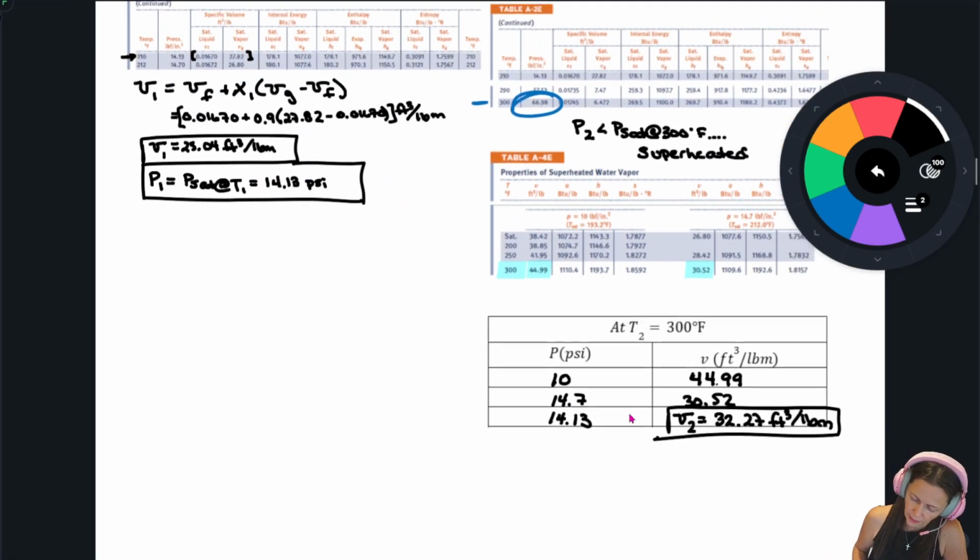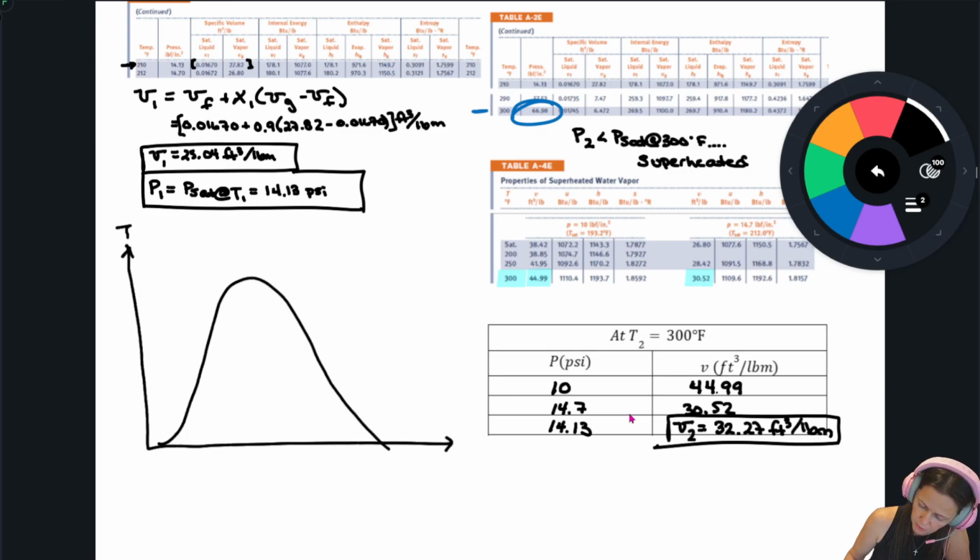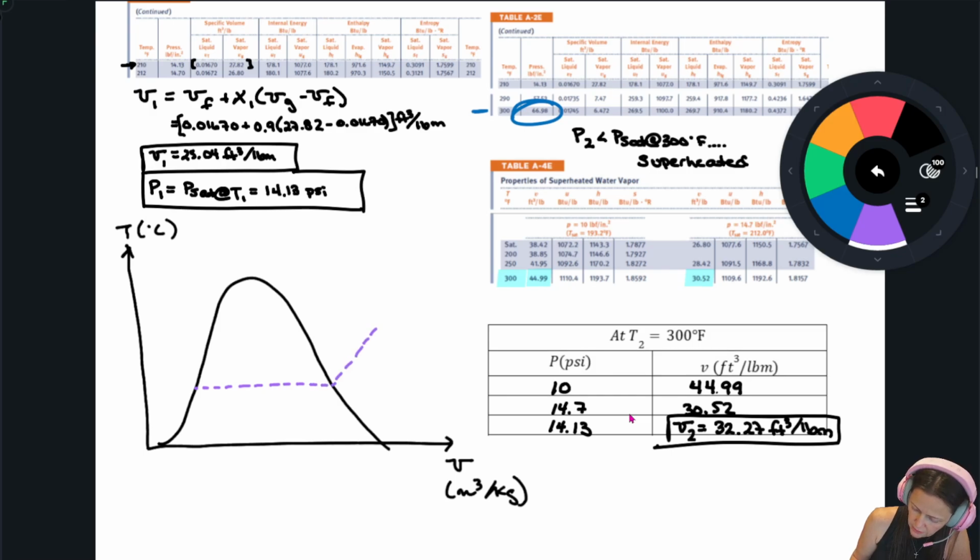Let's go ahead and draw things on a TV diagram. I'm going to draw my little vapor dome. There's temperature, there's specific volume. Remember, it was a constant pressure process, so I'm going to draw a line along constant pressure. State 1 was two-phase.